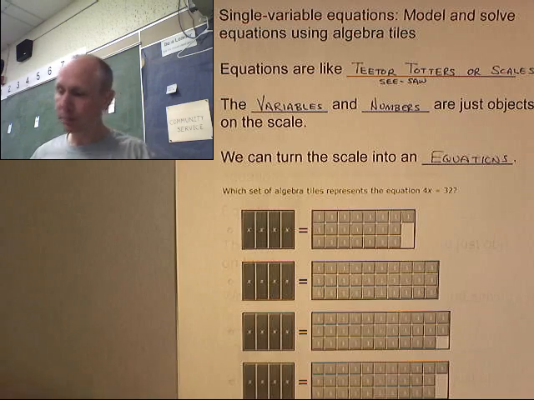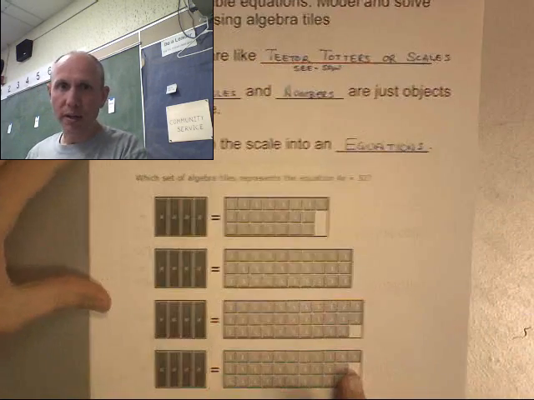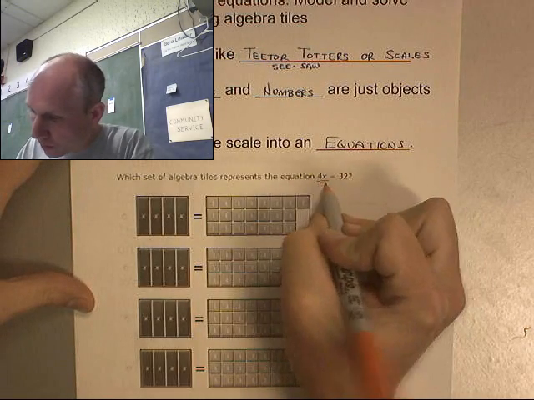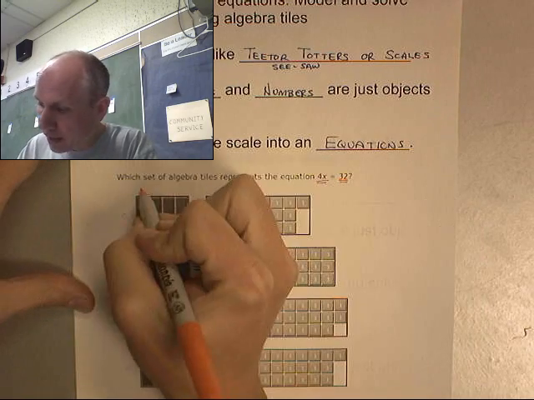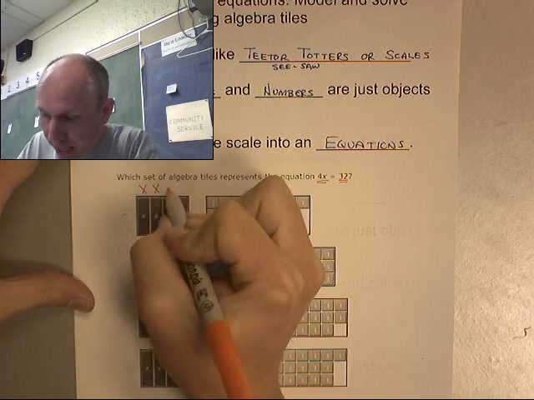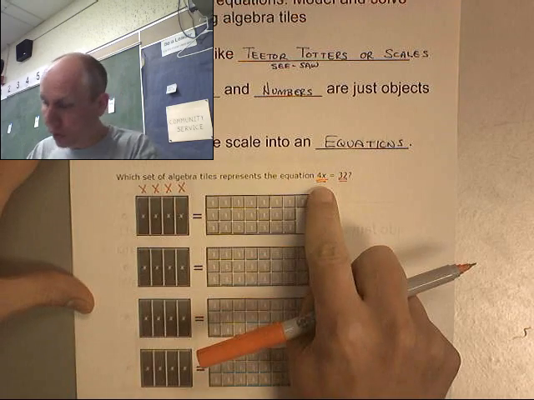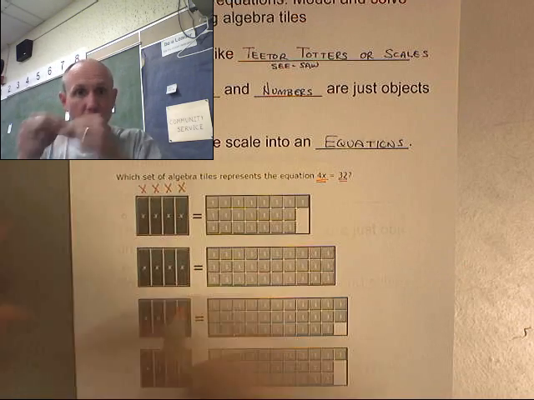Let's take a look at one. And I'm going to draw a nice picture of this. So I have the equation 4x equals 32. Well, 4x, that's an x, and an x, and an x. That's 4 x's, right? 4 x's equals 32 little weights.